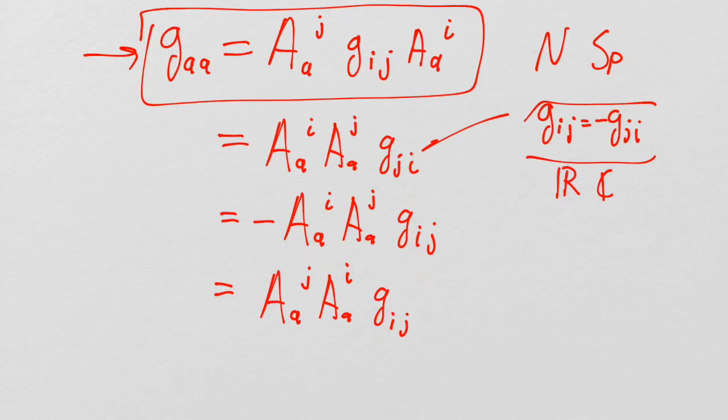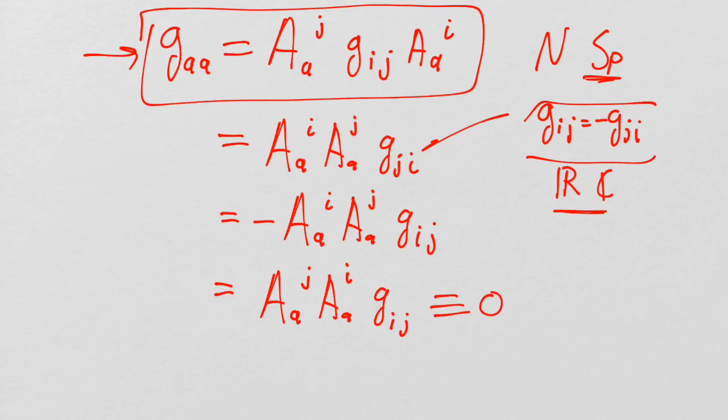So this and this are the same except for this minus sign, and the only way something can equal its opposite is if it's identically zero. So the diagonal constraints for the real or complex case of the symplectic metric are identically satisfied, and therefore they don't contribute a constraint at all.